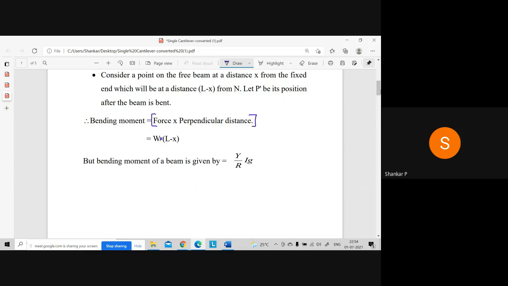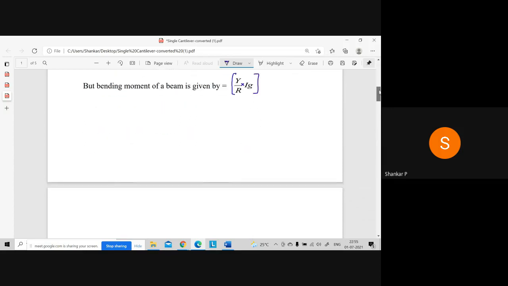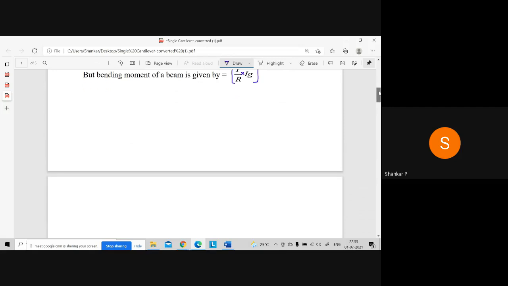We know that the bending moment of a beam is given by another formula, Y by r into Ig, where Y is Young's modulus, Ig is the geometrical moment of inertia, and r is the radius of the neutral surface.